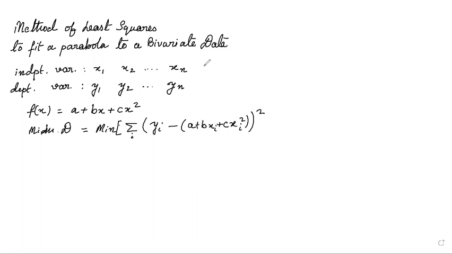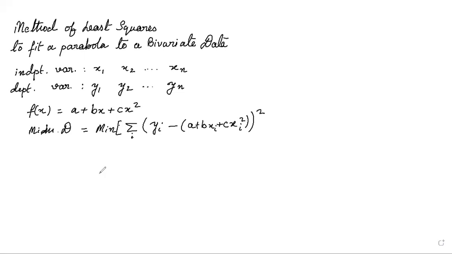In a bivariate data, as we have seen earlier, there are two variables to be considered. One is the independent variable x1, x2, ..., xn if the data contains n entries, and the dependent variable y1, y2, ..., yn. The curve that we have taken is the parabola, and the general equation of the parabola is f(x) equals a plus bx plus cx square.